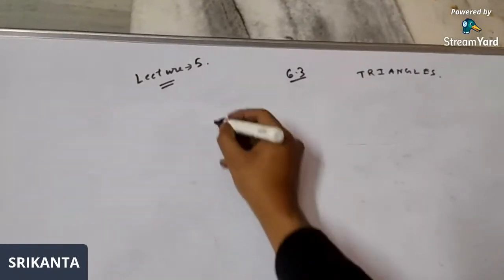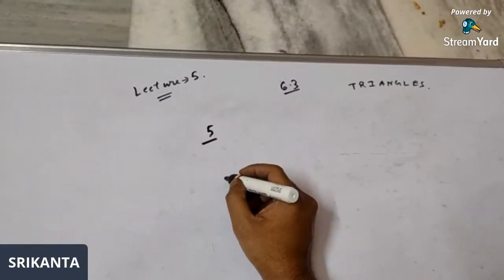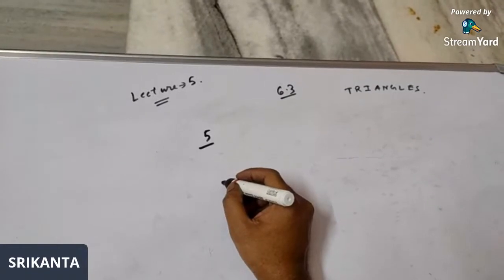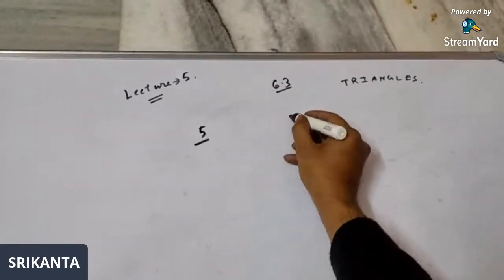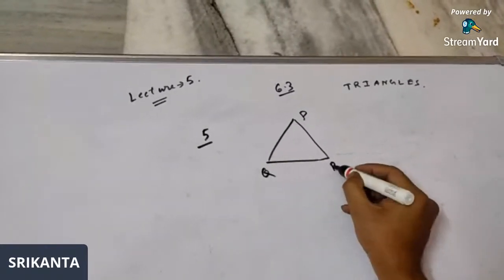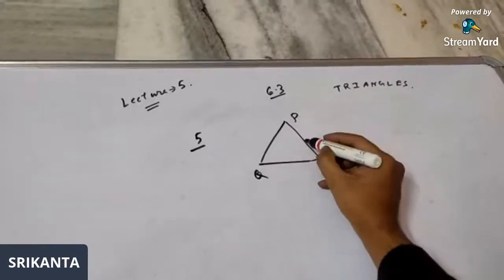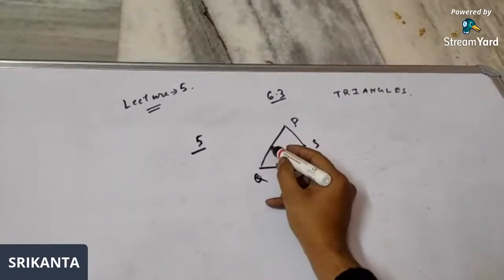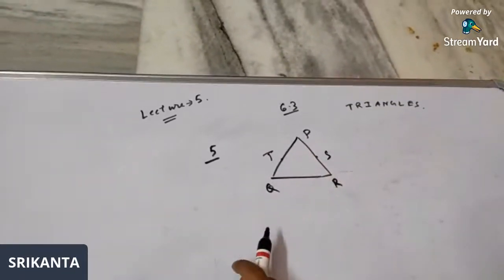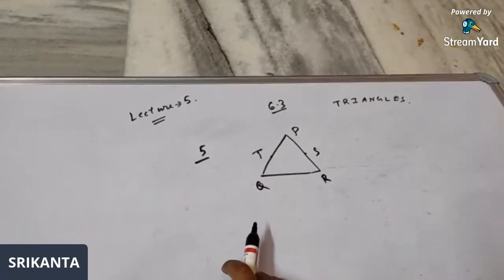Now question number 5. We have S and T are points on side PR and QR of triangle PQR. So there is a triangle PQR. We have S and T are points on PR and QR, such that angle P is equal to angle RTS.